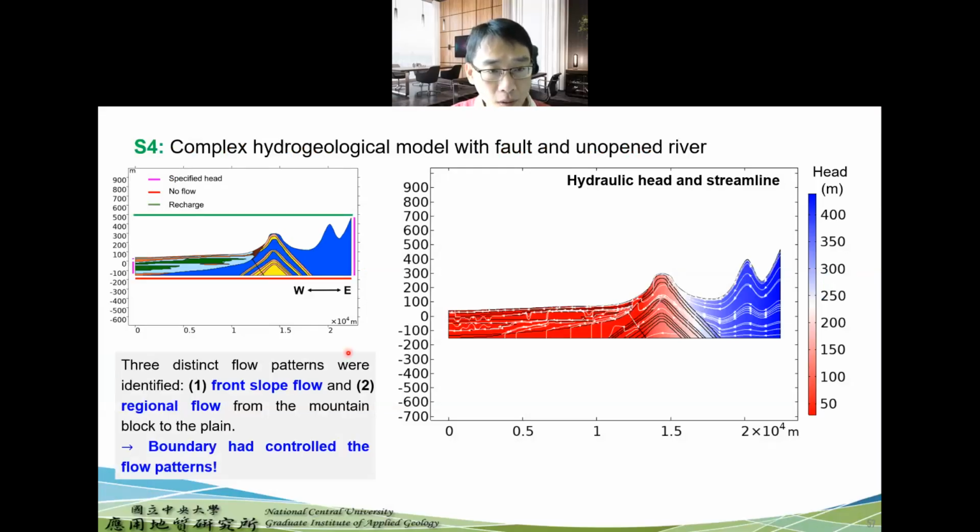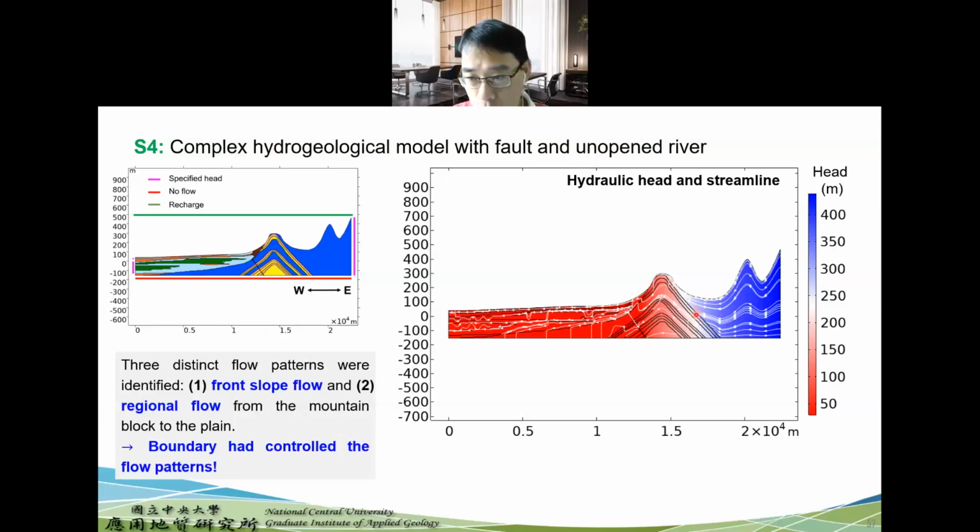Okay, so if we consider quite complex geological structures or formations, for the water flow right now, this one we do not consider the river, so we only have the water flow from the right-hand side to the left-hand side, and we can see that the groundwater can penetrate some of what we call the Tinshui shale formations.